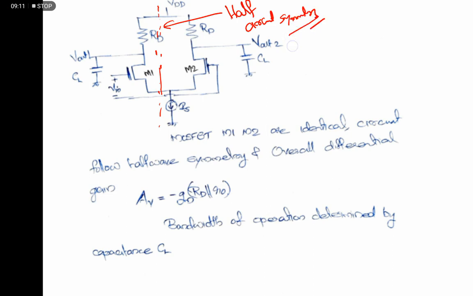It is easy to analyze all operational amplifier circuits this way. You will get the gain AV equal to minus gm, where gm is the transconductance of M1 and M2, into RD parallel R0, where R0 is the output resistance of M1 and M2, assuming two identical transistors.